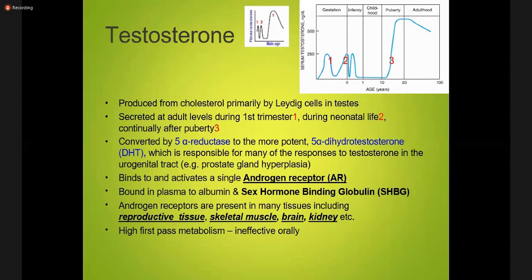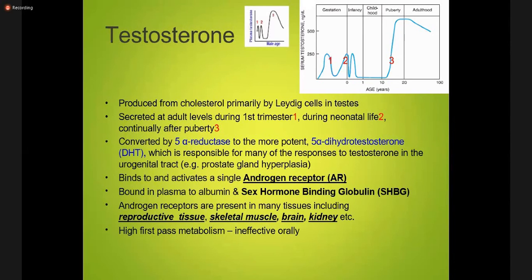I have already discussed that 5-alpha reductase is the enzyme that converts testosterone into dihydrotestosterone, DHT, which is responsible for many of its functions at the cellular level. It causes prostate gland hypertrophy. All the secondary sexual characters are basically done by this DHT.